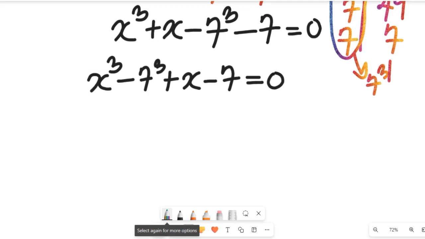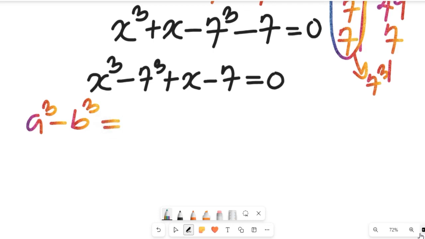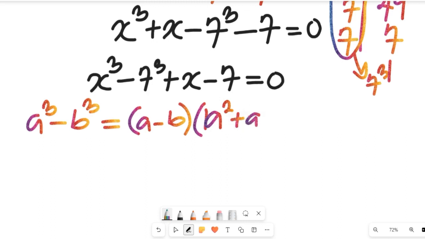Now I want to flash your mind back to an algebraic expression. In that algebraic formula, we have a to the power of 3 minus b to the power of 3. This is equal to a minus b as the first factor, and then we'll have a squared plus ab plus b squared.